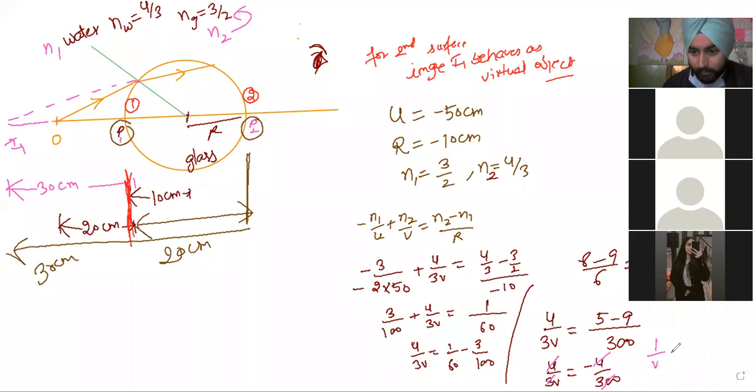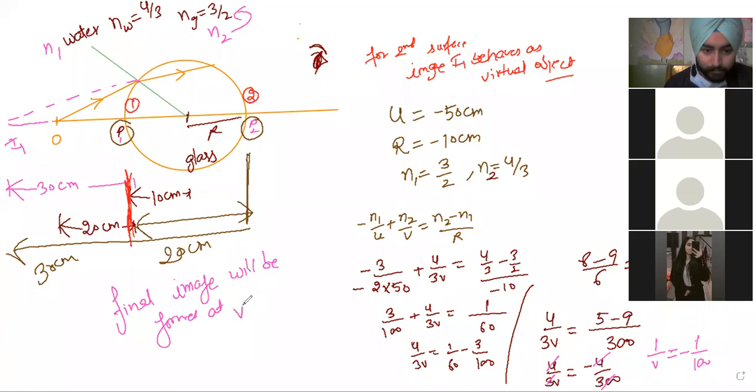That is 1 by v is equal to minus 1 by 100. So your final image will be formed at v, which equals minus 100 centimeter. Is this clear?